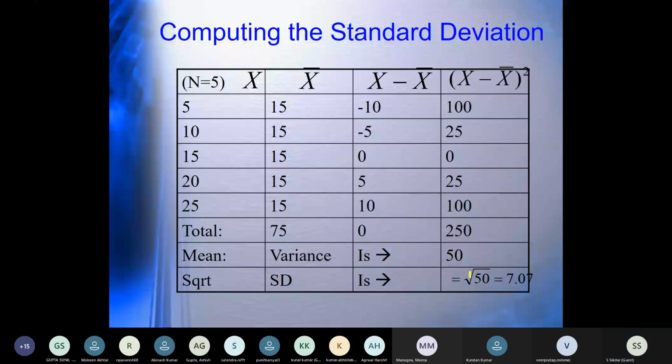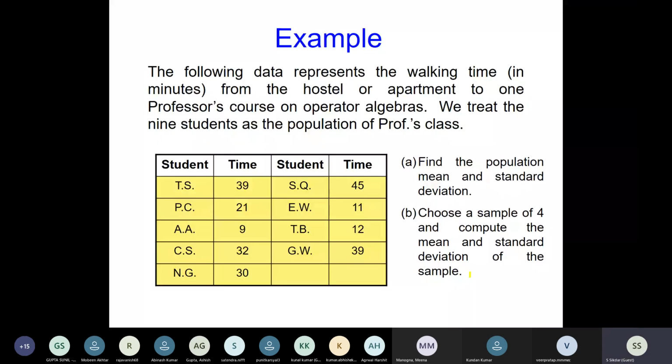Anybody can do it. Okay, so the problem comes when there is a large number of data. Now, again, we show another example. Let's say this is the walking time from the hostel or the apartment to one professor's course on operator algebra.